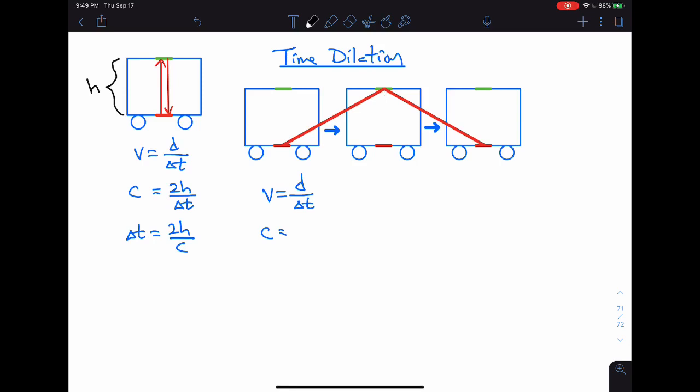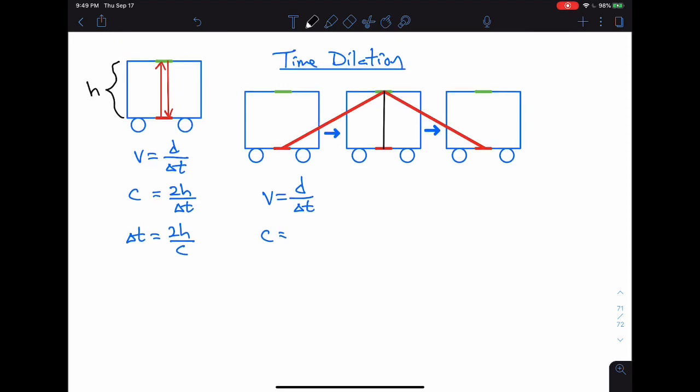So first off, we've got this distance here, which we already know. This distance is h. Okay. And then we've got this distance here. Now this distance, we don't know what that is, but I do know that it's going to be dependent on the speed of the train.